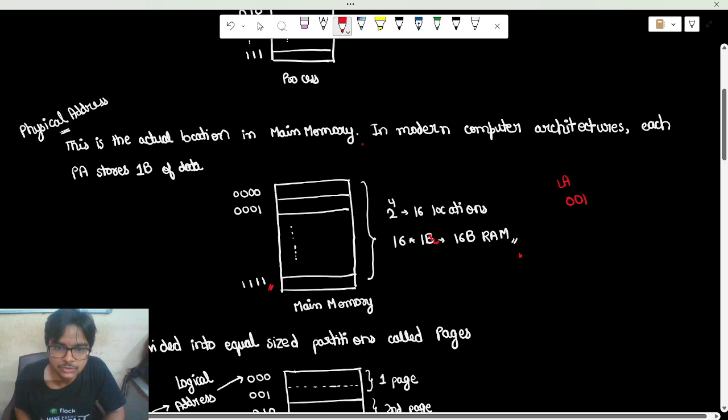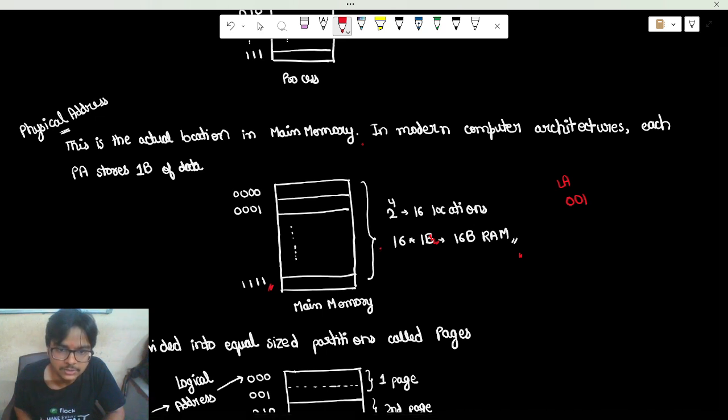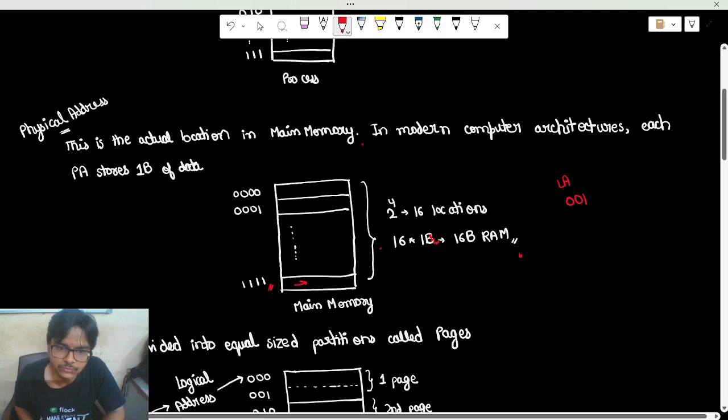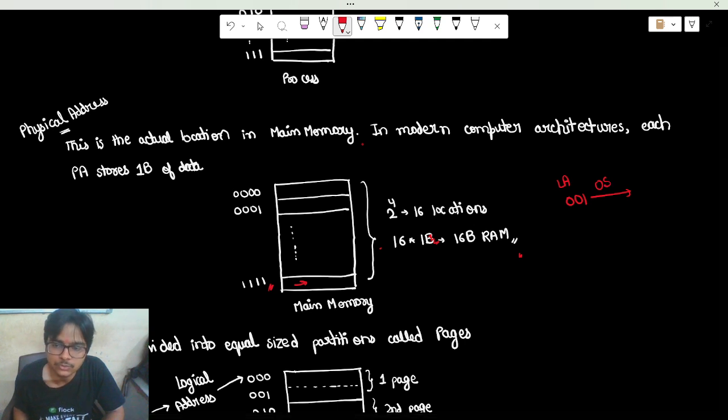Whatever is stored at 001, let's say it is stored here at 1111. So it is the OS's responsibility to convert 001 into 1111. This is your physical address and this is your logical address. Similarly, these are your physical addresses.